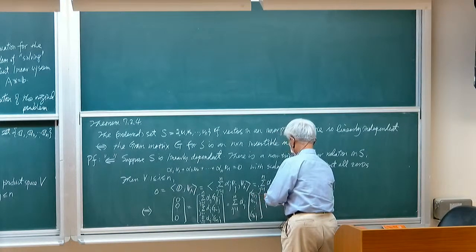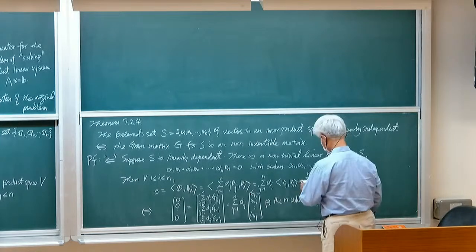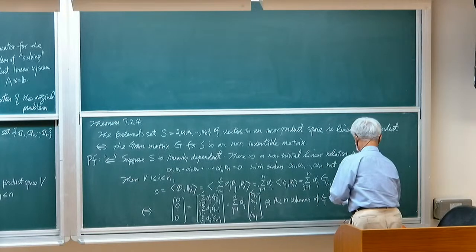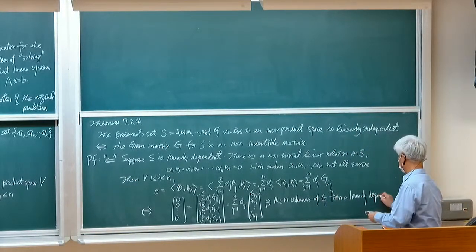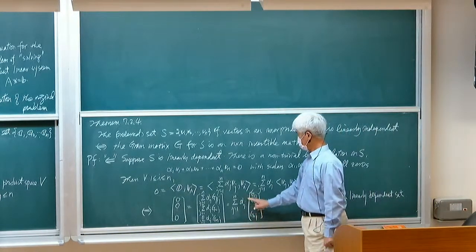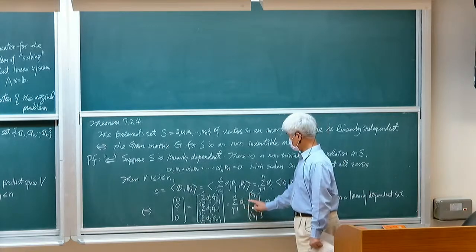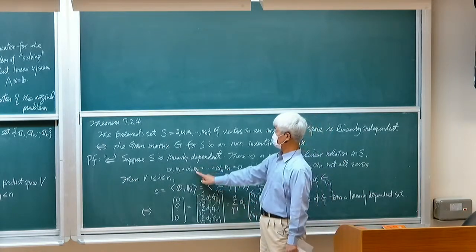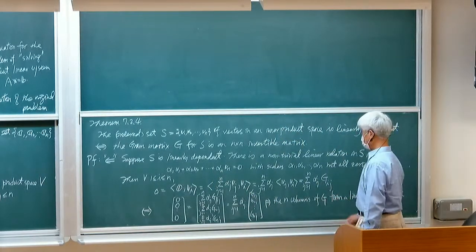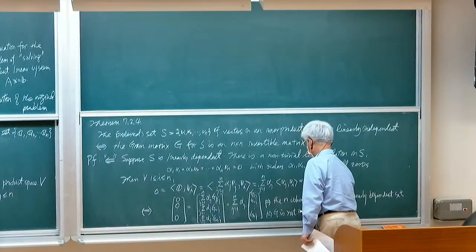So the n columns of G form a linearly dependent set, because this is a linear relation, and at least one of the coefficients alpha j is non-zero. So this is saying that G is not invertible.